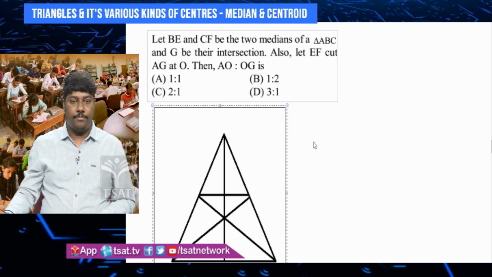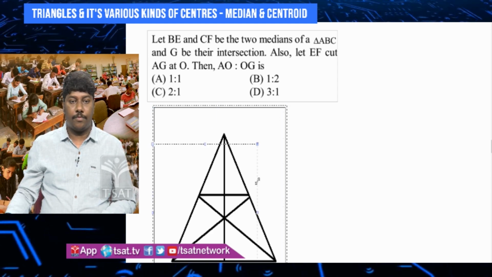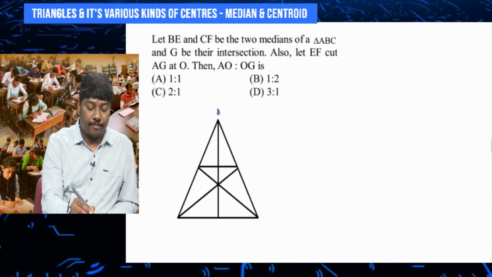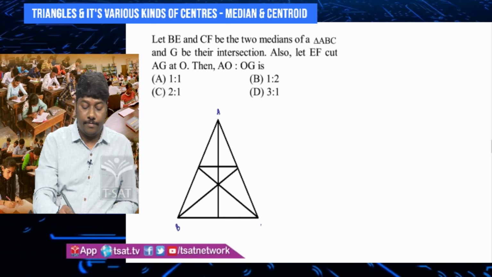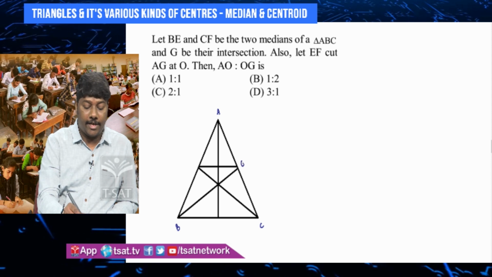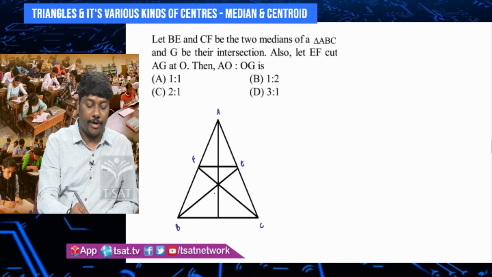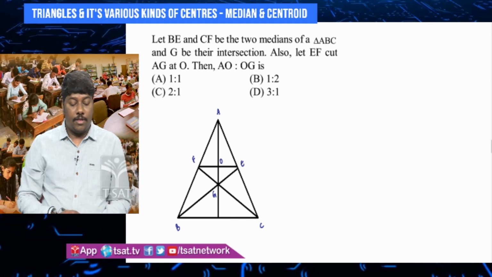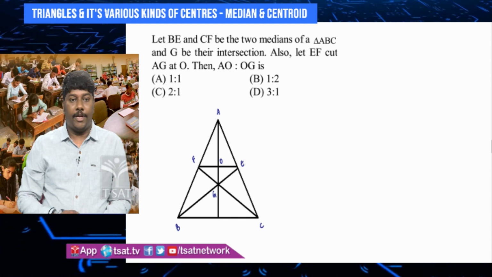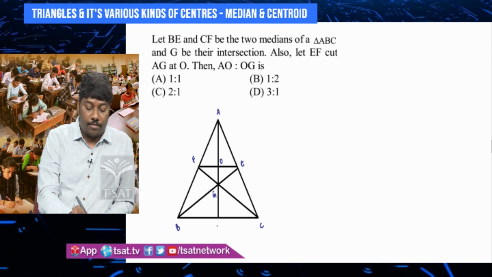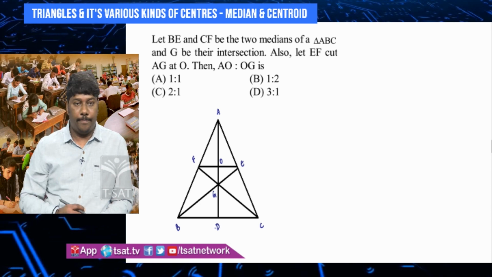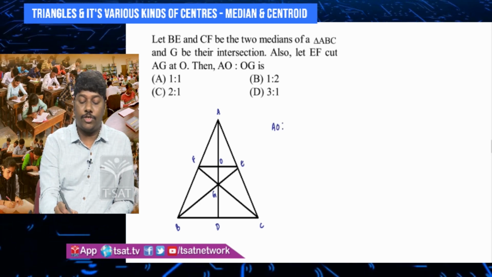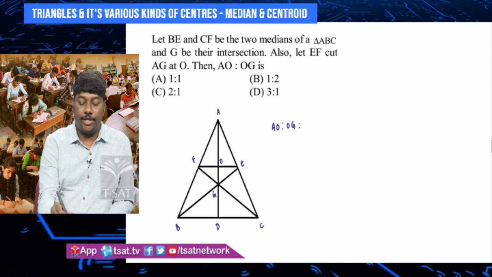Here is the figure. ABC is a triangle. BE and CF are medians. Their intersection point is G. AG is intersected by EF at O. AD is also a median. We also know AO is to OG is to GD.